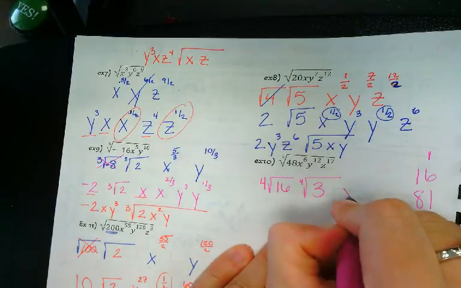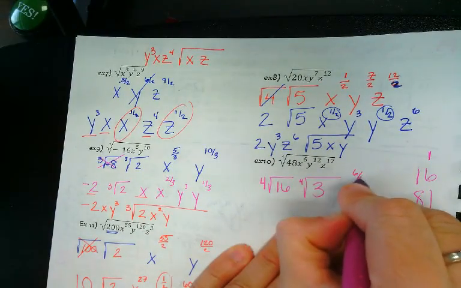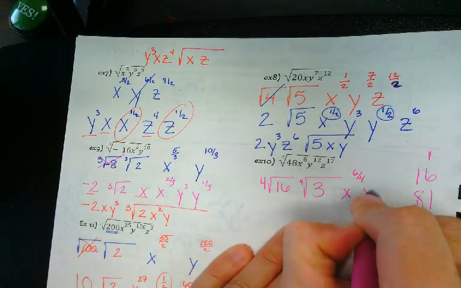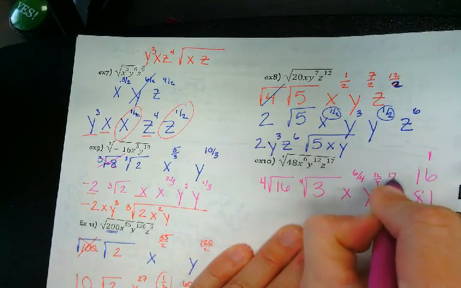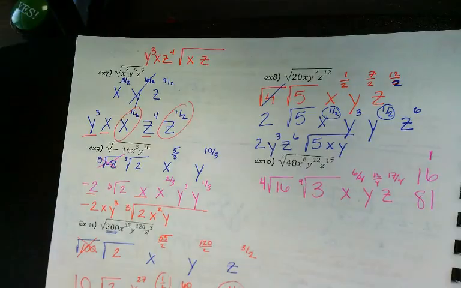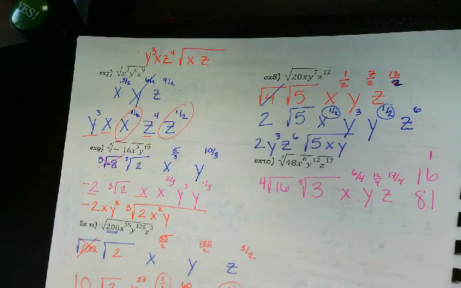So I'm going to have x to the 6/4, y to the 12/4, and z to the 17/4. I'll give you a minute to rewrite it.